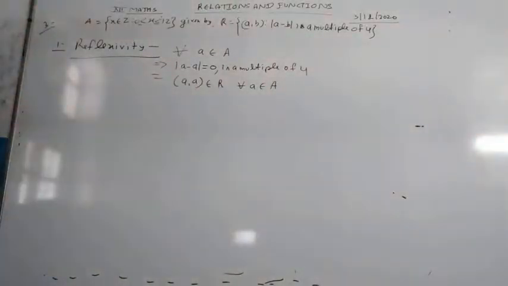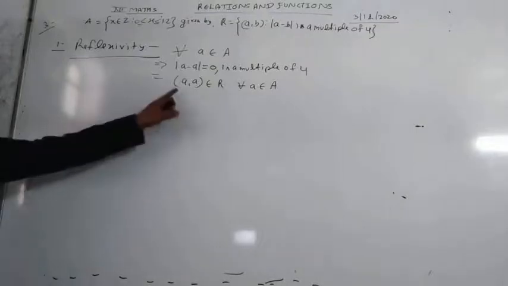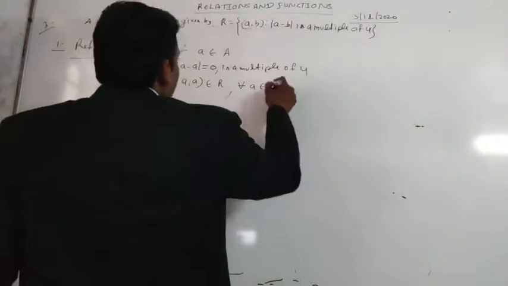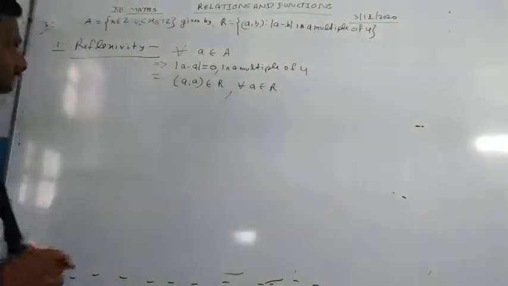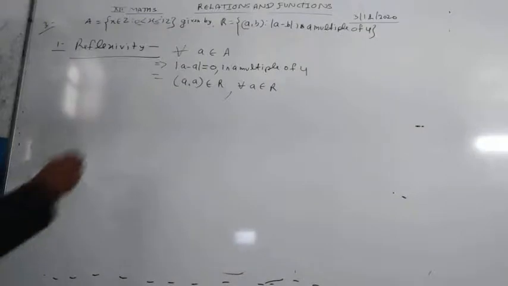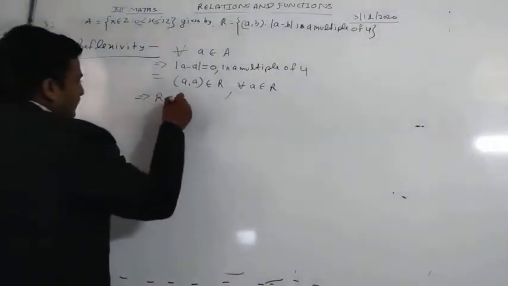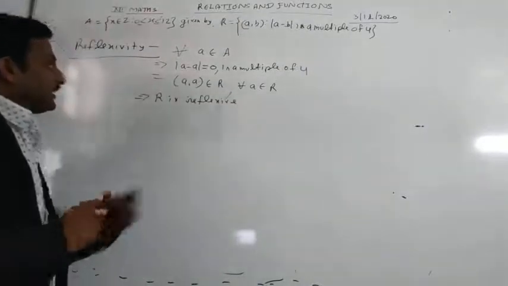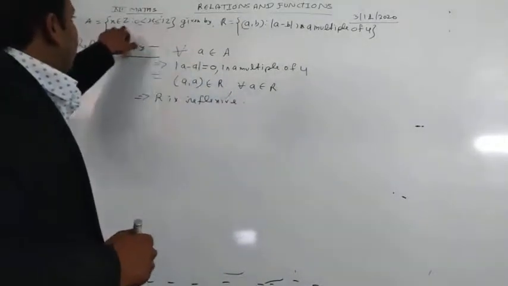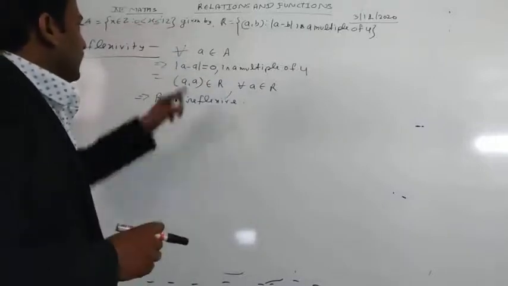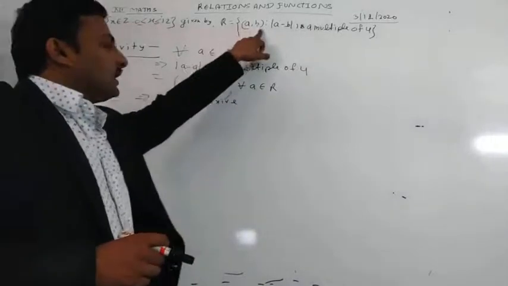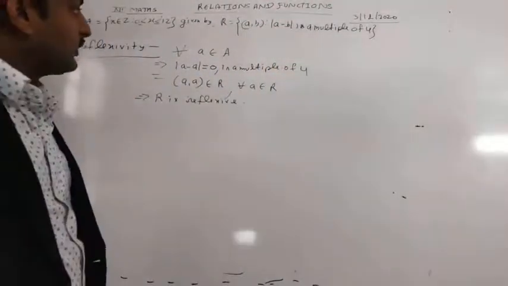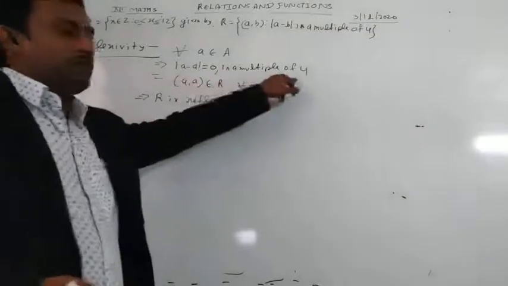Okay, so we can say that R is reflexive because we are taking an element a of the set A and getting a minus a, which will always give us 0, and 0 is a multiple of 4.